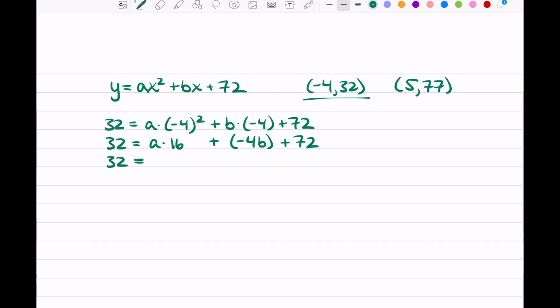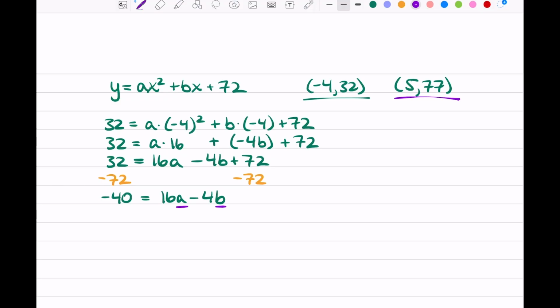And cleaning this up, we have 16a minus 4b plus 72. Let's subtract this 72 from both sides so we get our variables by themselves. 32 minus 72 is -40, and we have 16a minus 4b. Right now, we can't figure out what a and b are. However, if we do the same process with our second point, we'll get a system of equations.